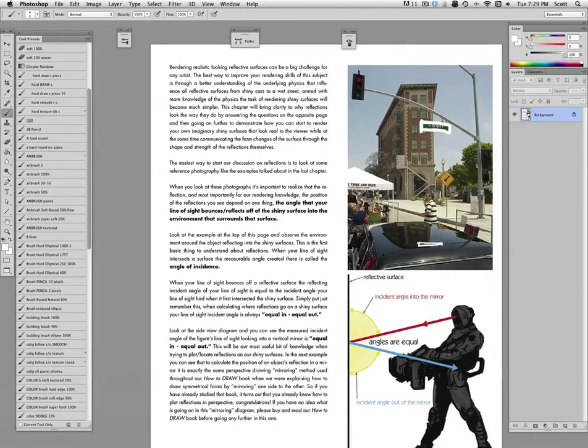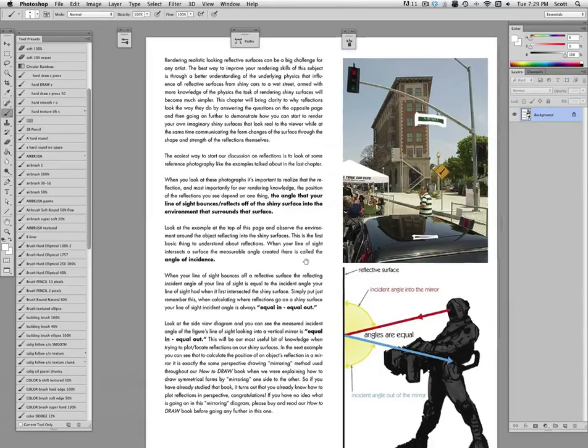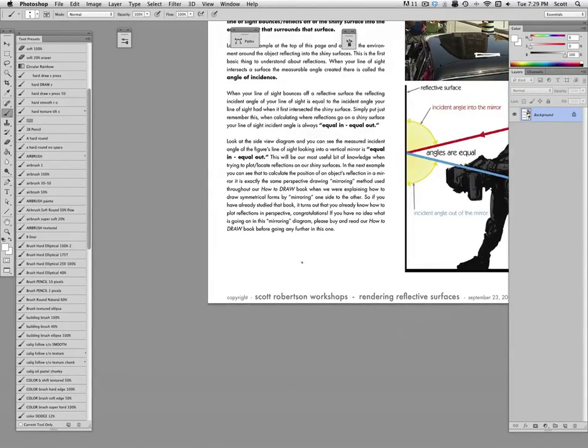Okay, so if I had a side view of this car, let me just draw it small down here just to make a quick thumbnail illustration. There's the section of the car. Our camera is over here somewhere, our eye. We look into that surface, and then it's going to bounce out of that surface at the same angle, and somewhere along the line there's the sign, so there's where the reflection of the sign would go.